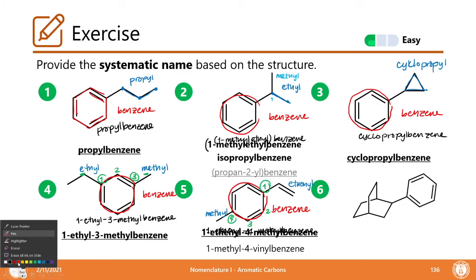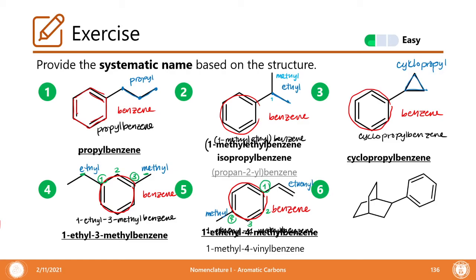And let's go to this one. Okay, this is actually moderate, but I do want to try emphasizing this. We have a bicyclic compound and a benzene ring. Now, take a guess. Which do you think should be our priority functional group? Well, in this case, the priority would be our bicyclic ring.